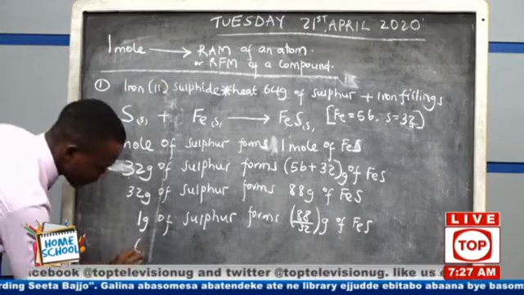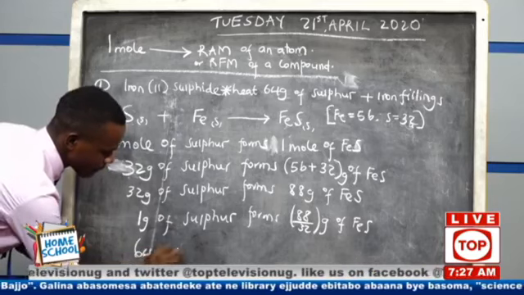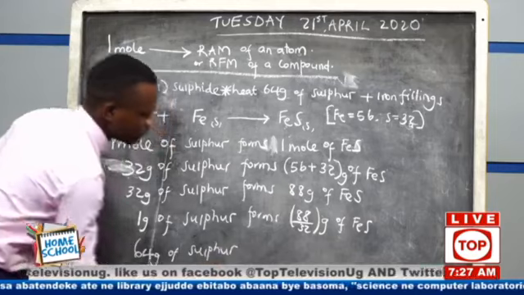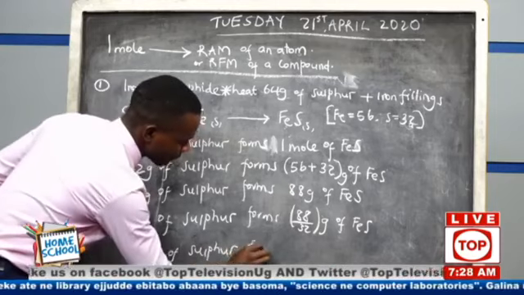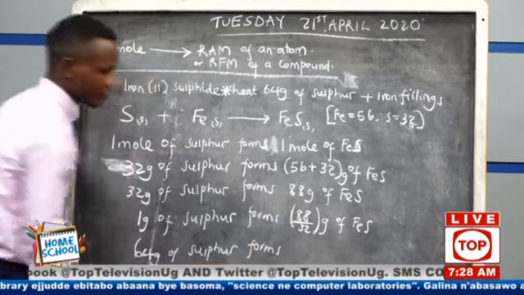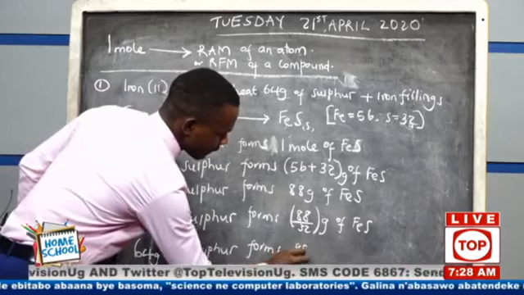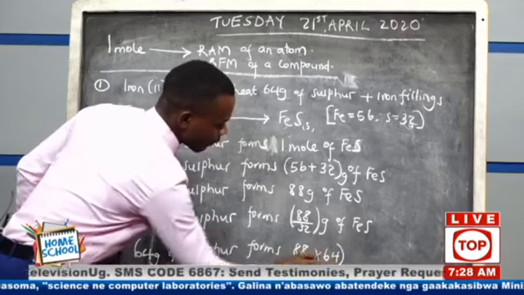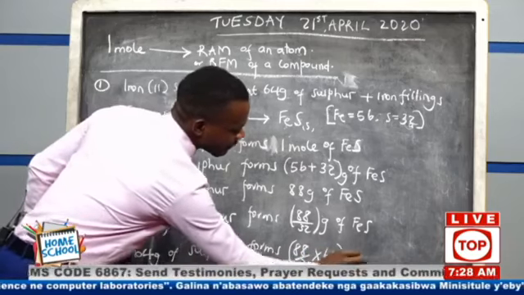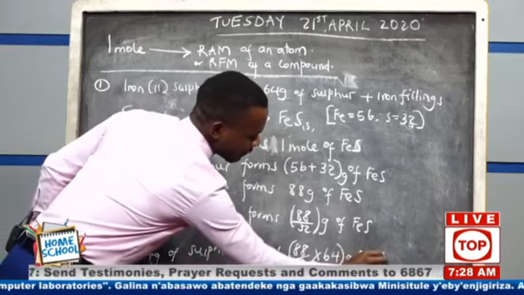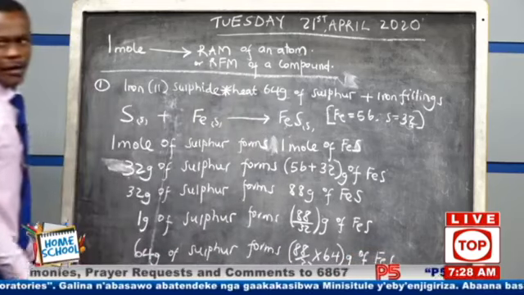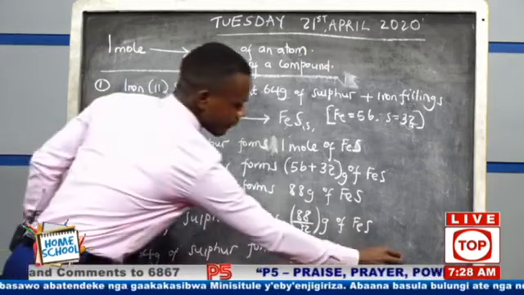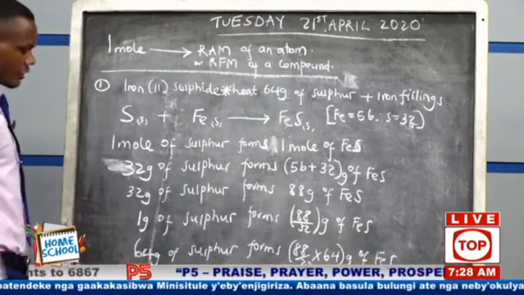It is 64 grams of sulfur. 64 grams of sulfur forms 88 out of 32 times 64. What is formed by 1 times the 64? We get iron 2 sulfide.